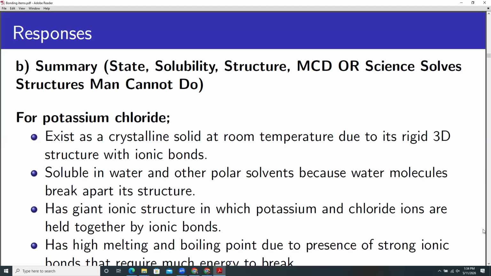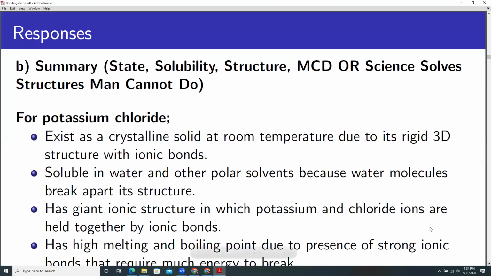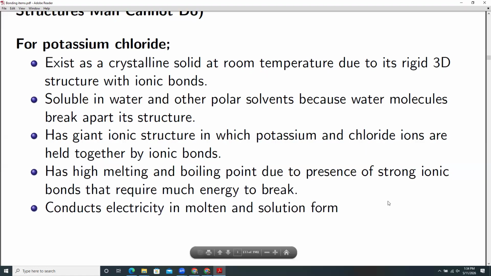Then another property, that is C, conduction. It conducts electricity in molten and solution form. Why? Anything to conduct electricity must be made up of ions or electrons, that is, charged particles.